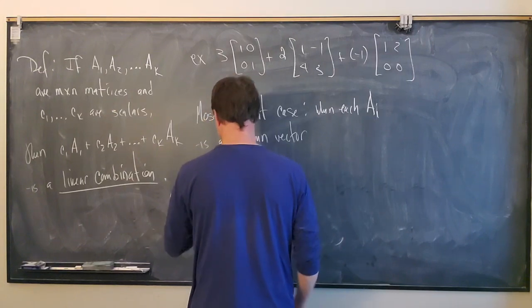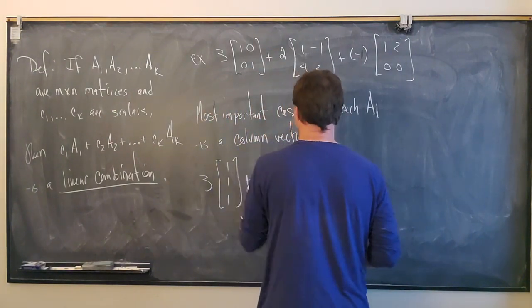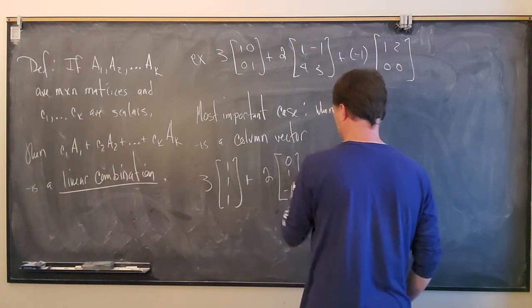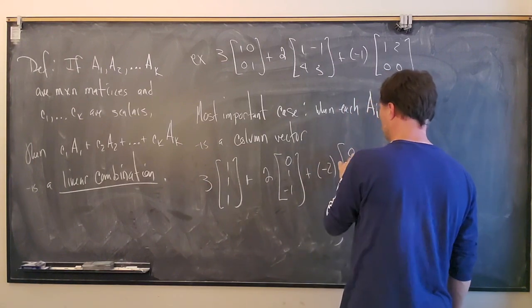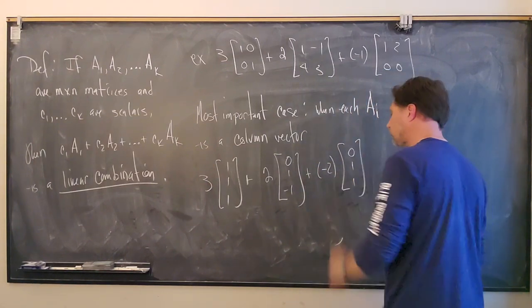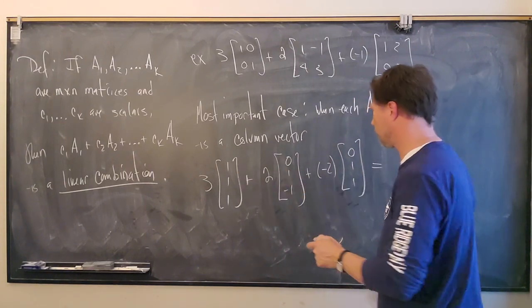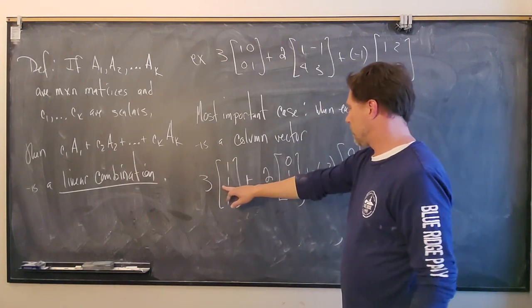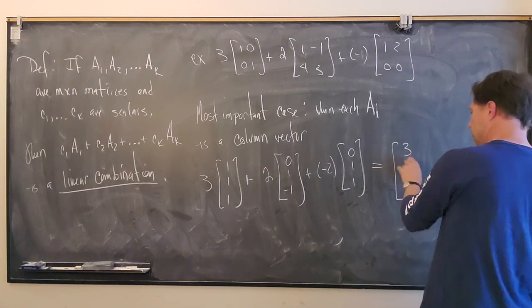3 times (1, 1, 1) plus 2 times (0, 1, -1) plus negative 2 times (0, 1, 1). Now, when you do this operation, what are you going to get? The top entry would be a 3. This will be 3 plus 2 is 5 minus 2 gives me 3.